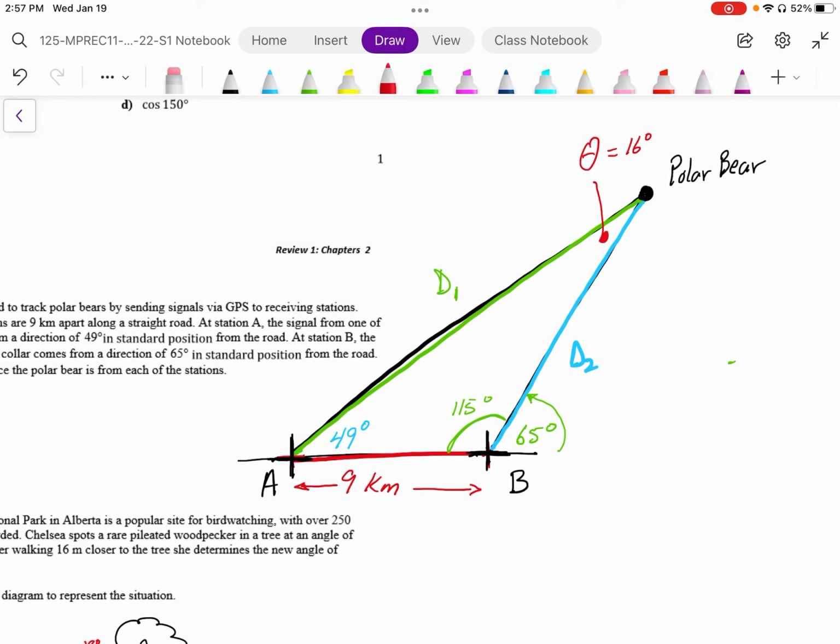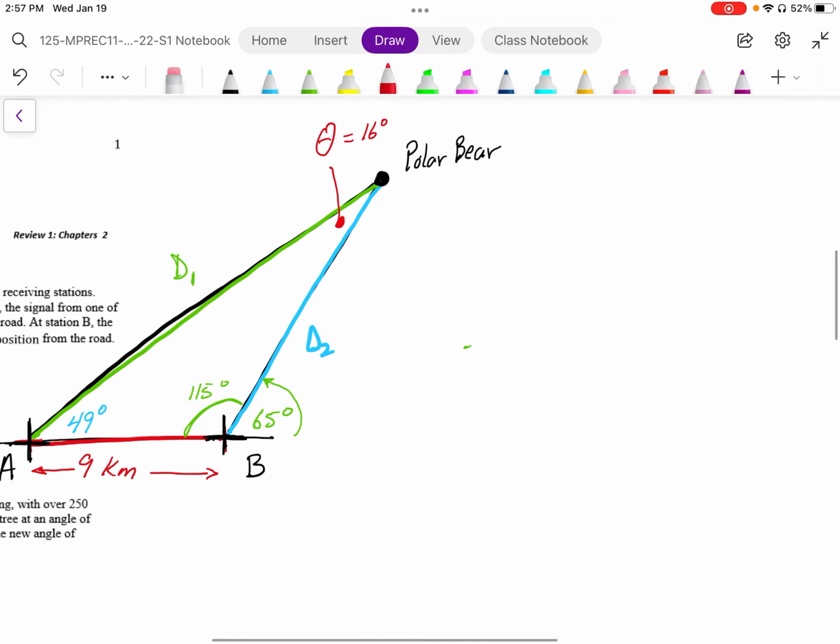So to use sine law, we need to pair up angle and opposite side. So I'm going to do that with the 9 kilometers. I'm just going to do that over here. So the 9 kilometers over the sine of 16 degrees. That ratio is going to be equivalent to, and I'm going to solve for D1 first.